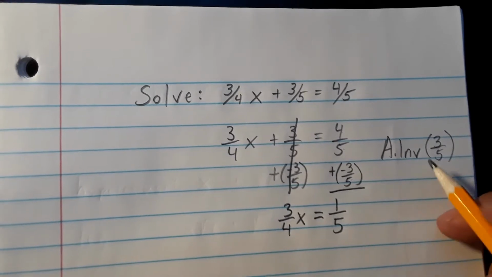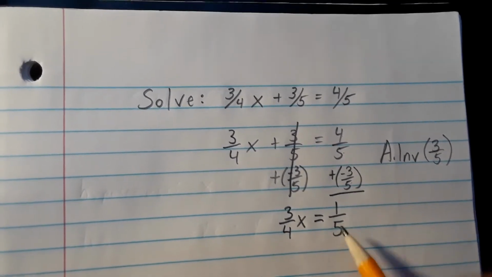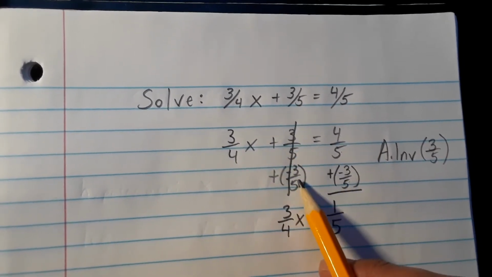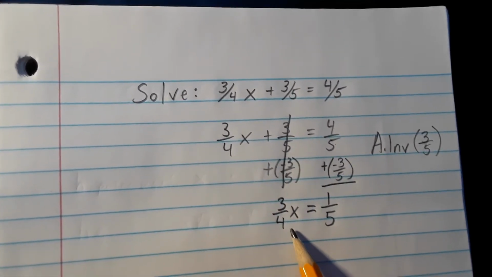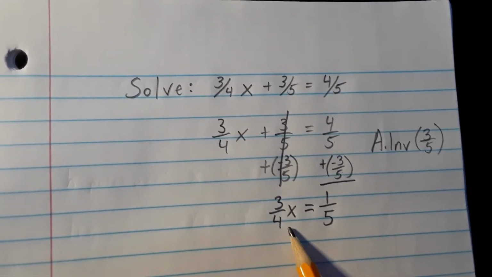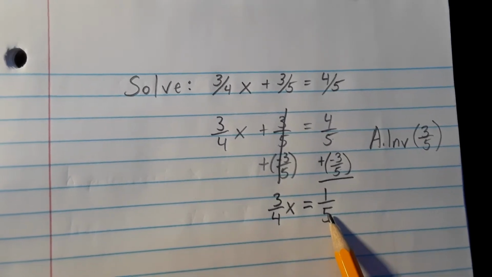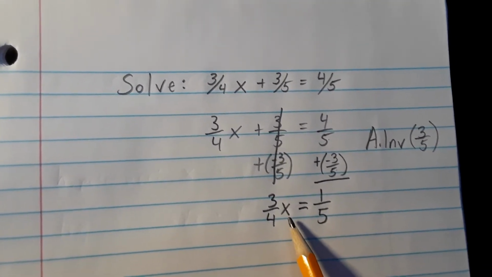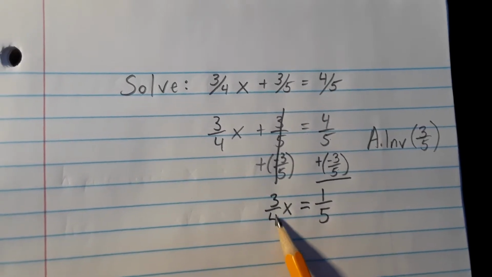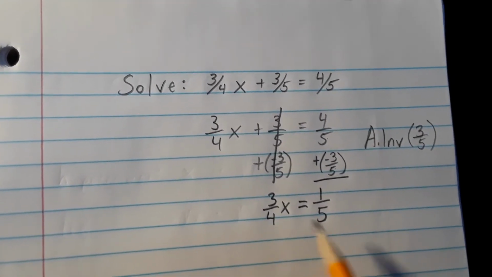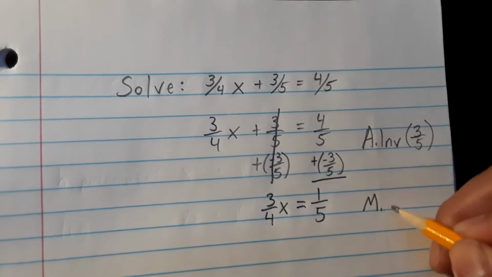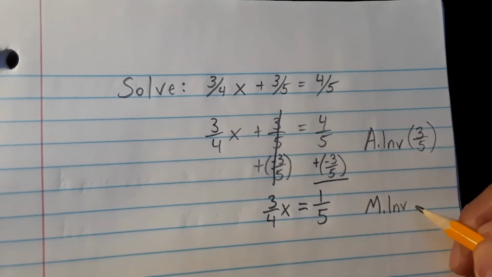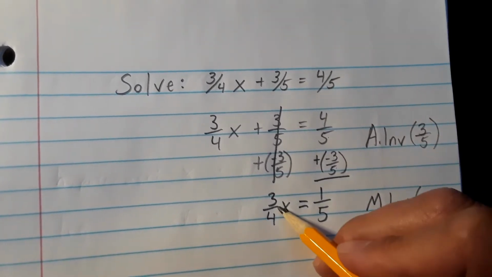So we did our A.Inv of 3/5 here to get rid of that constant term. And now we just have our x term over here, 3/4 x equaling 1/5. We want to get the x by itself, so we got to use M.Inv to get rid of this coefficient, which is a fraction. So we're going to take the M.Inv, the multiplicative inverse of 3/4.